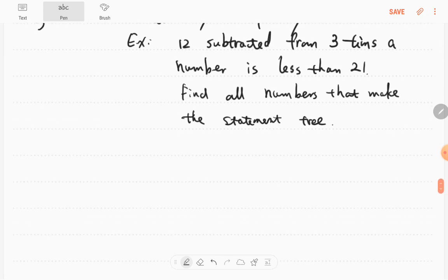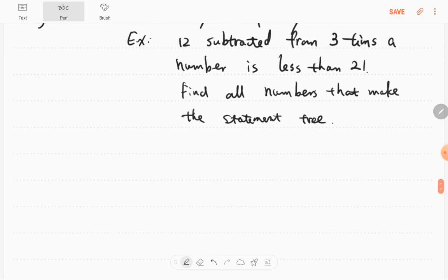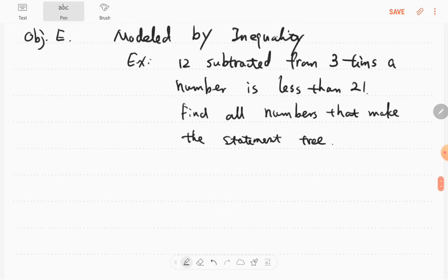Okay, so here, after we read this one, we realized we should find a number, right? We should find all the numbers that are qualified. So here, a number is our x. Because a number is unknown here, we just translate number into x.